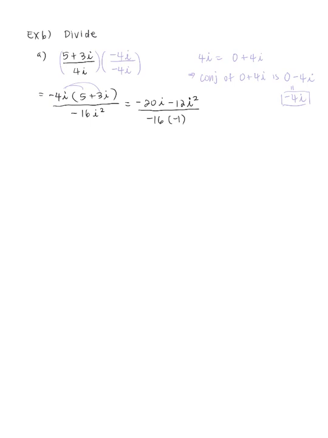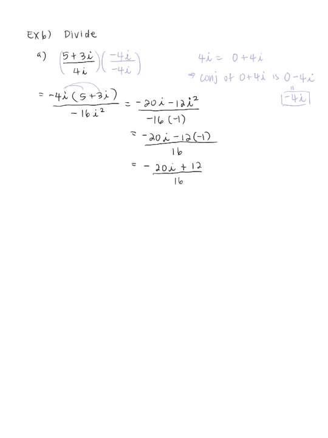So this is going to be negative 20i minus 12 times i squared, which is again negative 1, whole thing over positive 16. All right, we got to keep going. So this is negative 20i plus 12, whole thing divided by 16.